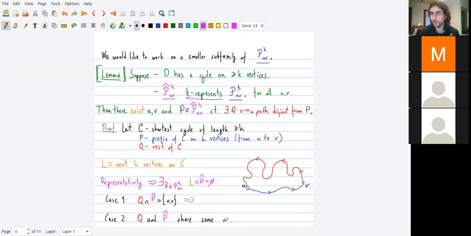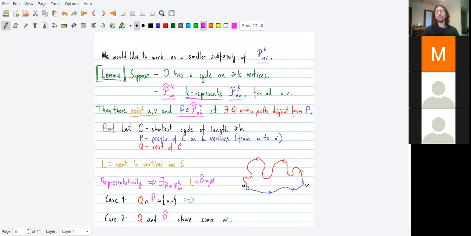So all in all, I'm looking at a representative for sets of size 2k. Then I claim that there exist u and v in my graph and a path in my representative subfamily, not the whole family of all the k paths between u and v, for which I can find the back path.